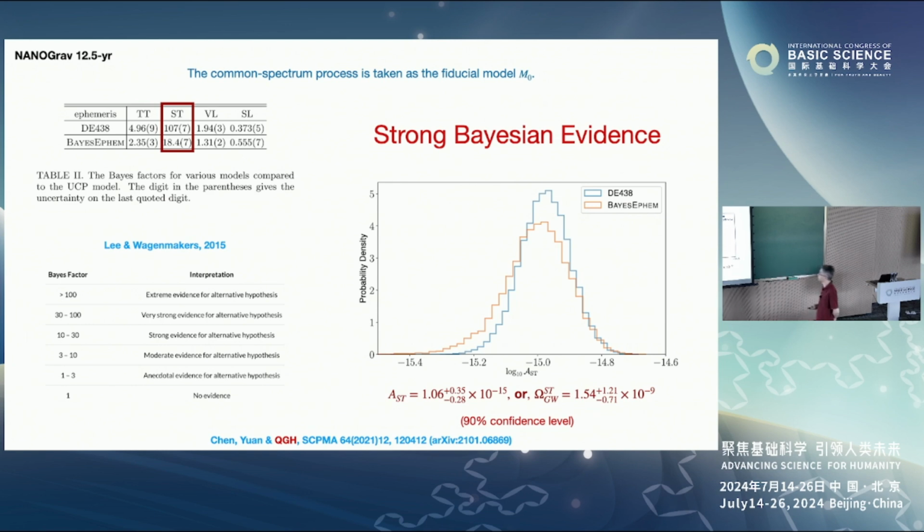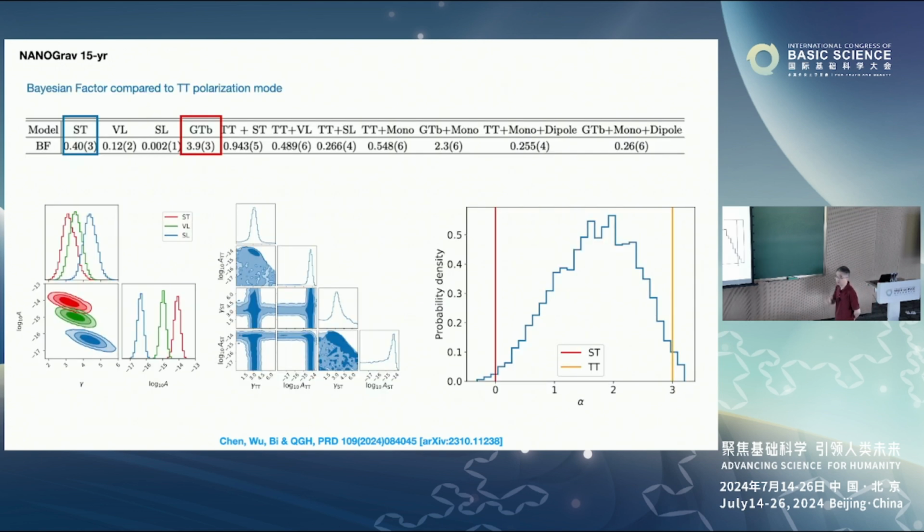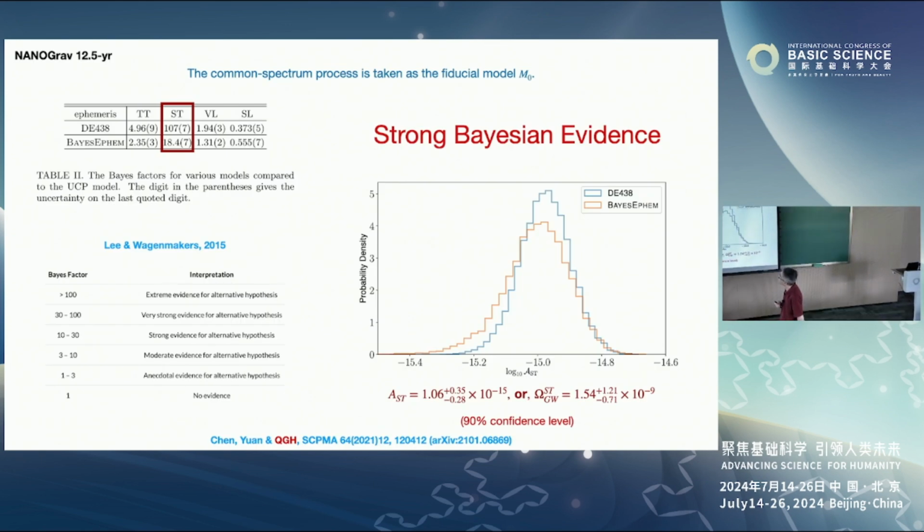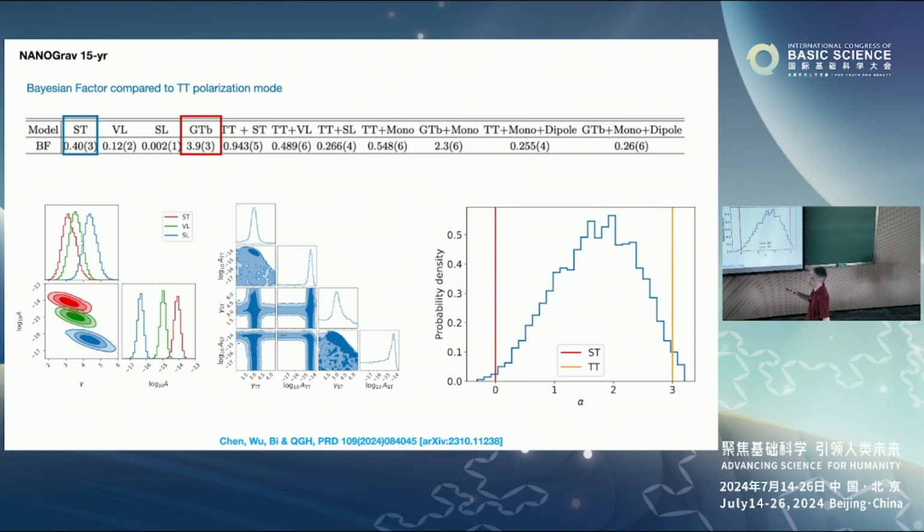This is the Bayes factor. But now these two are comparable. The ST still has a Bayes factor around 100, and this is comparable to TT, which is around 200.